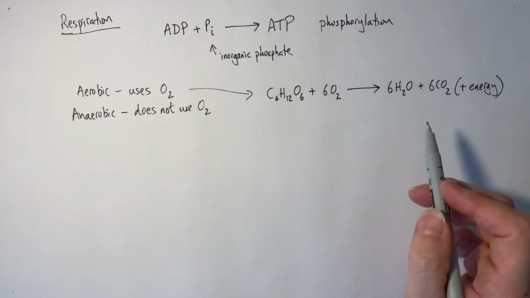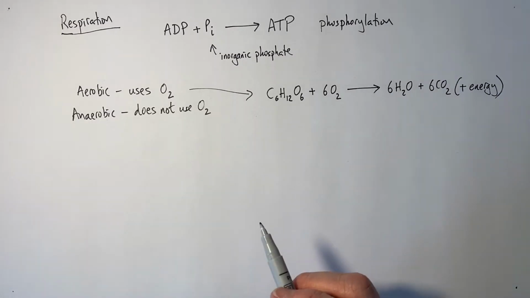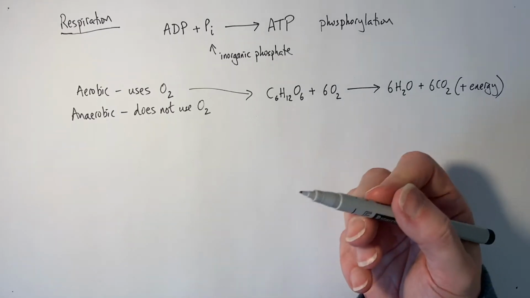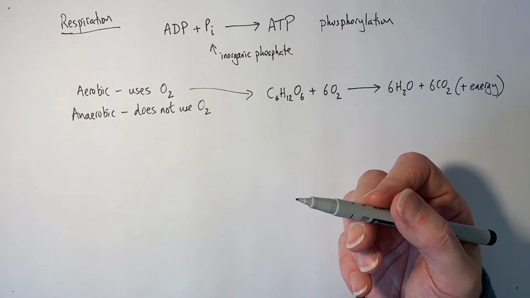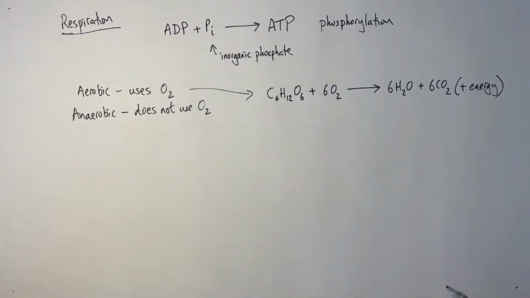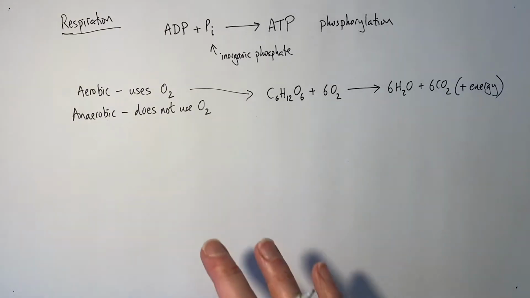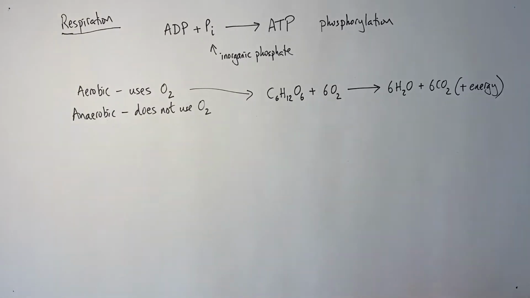Now that looks a simple one-step process, but that process is divided up into different stages, each of which has many chemical reactions. A lot of this is going to be similar to what you saw in photosynthesis.